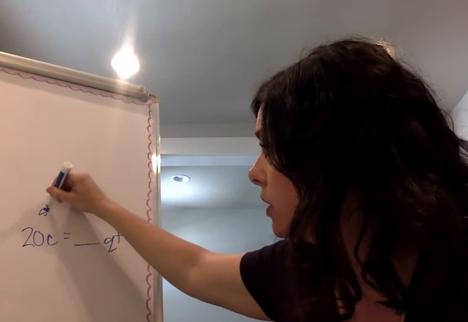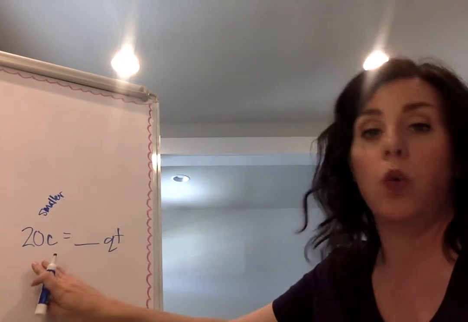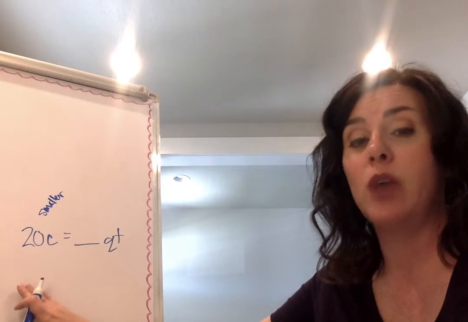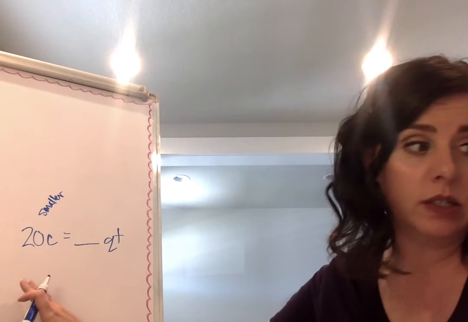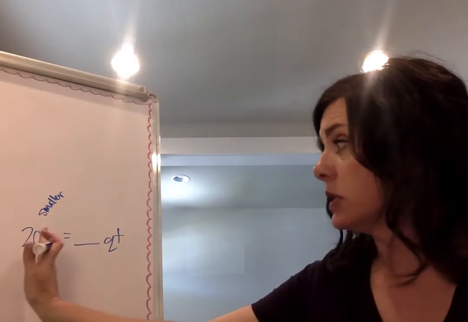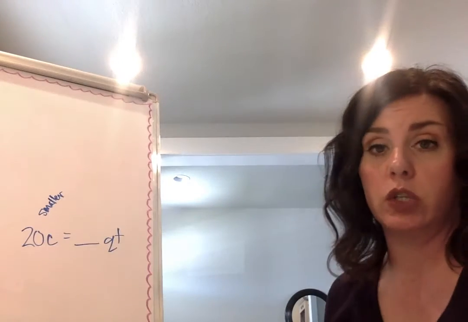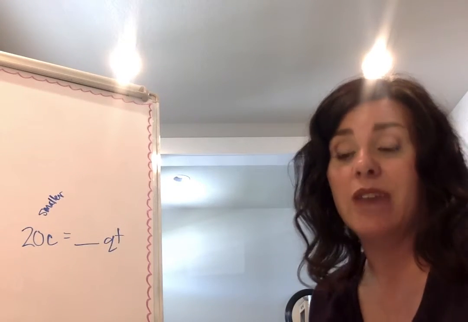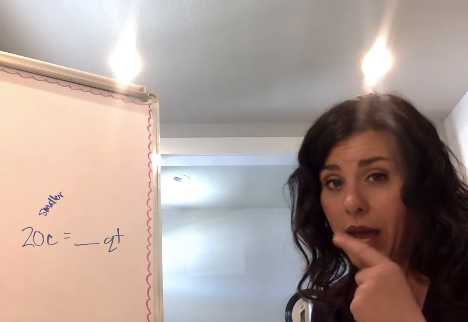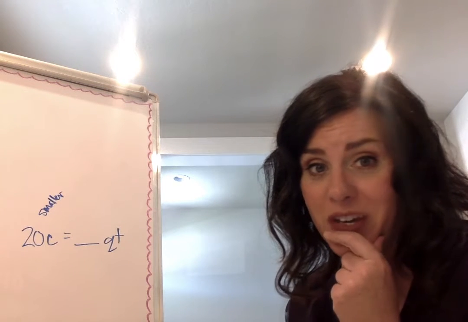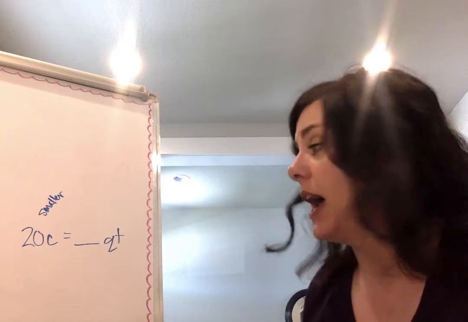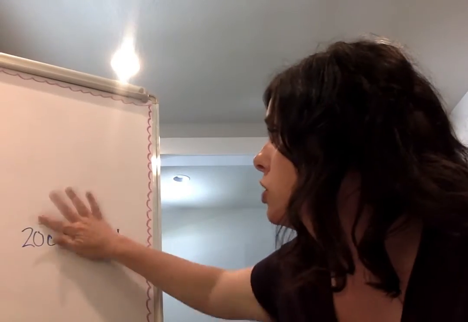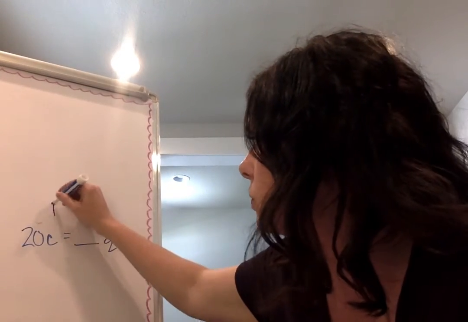Cups are smaller than quarts. So we are converting to a larger unit, right? We're going from a smaller unit to a larger unit. If you look up at example 2, what do we have to do when we're converting to a larger unit? Divide. And I'm going to show you why in just one sec.